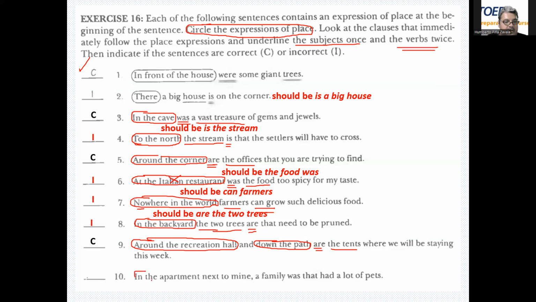And in the apartment next to mine, a family was that had a lot of pets. That will be incorrect. It should be in the apartment next to mine was a family that had a lot of pets. So remember, if it's necessary to have that place expression, then we have an inversion of the verb and the subject. If it's not necessary, it's extra information, then we don't need to invert anything else.